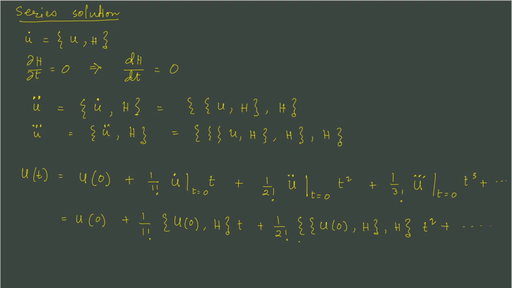Say for example, the double Poisson bracket can be written in terms of the single Poisson bracket and so on and so forth. So as a result, the series are often not so difficult to evaluate, but in general it is a bit cumbersome, I admit. But the powerful thing is you do not have to write down the equation of motion or solve it. This is the solution. That's it.